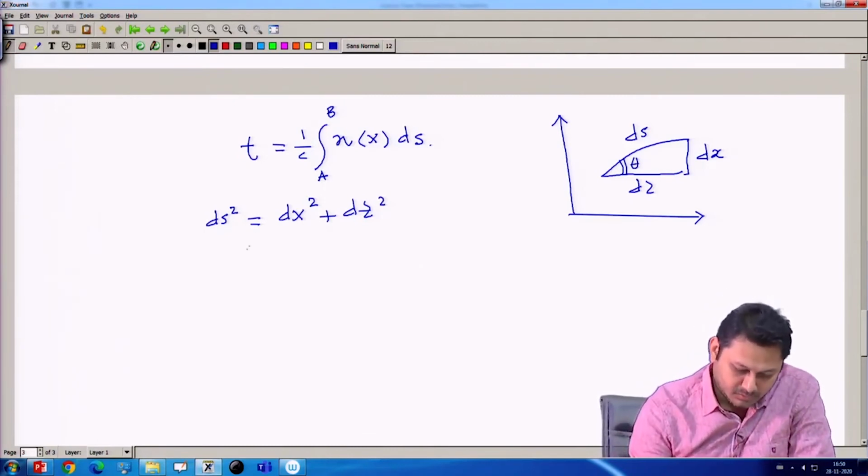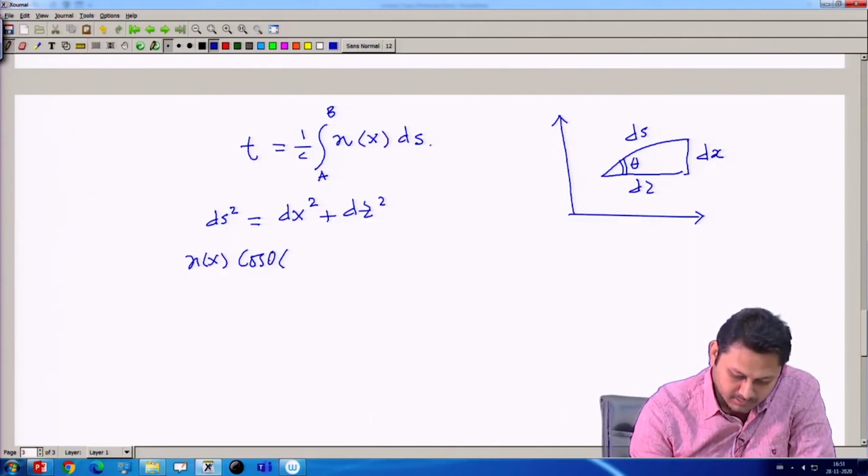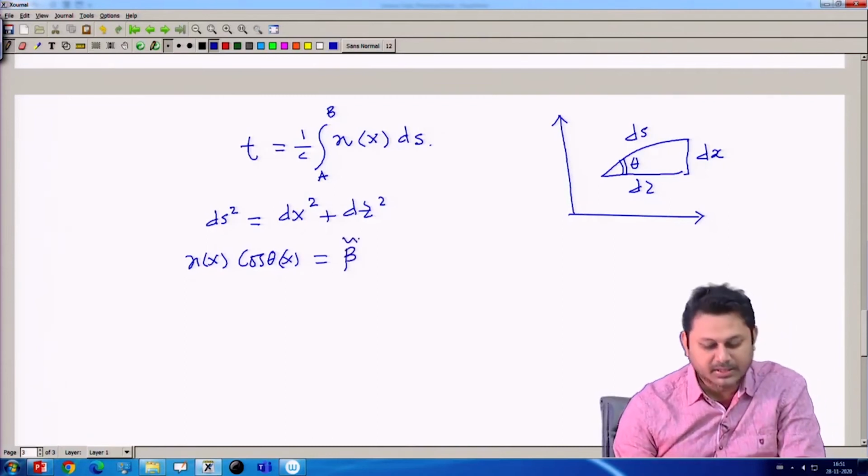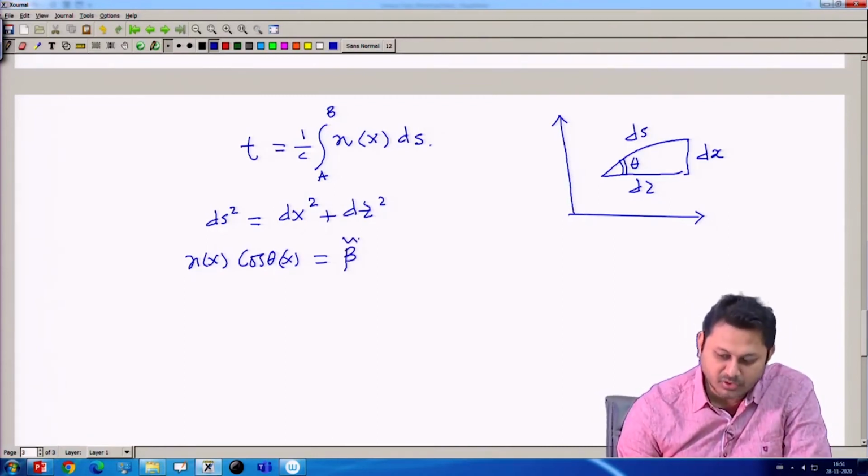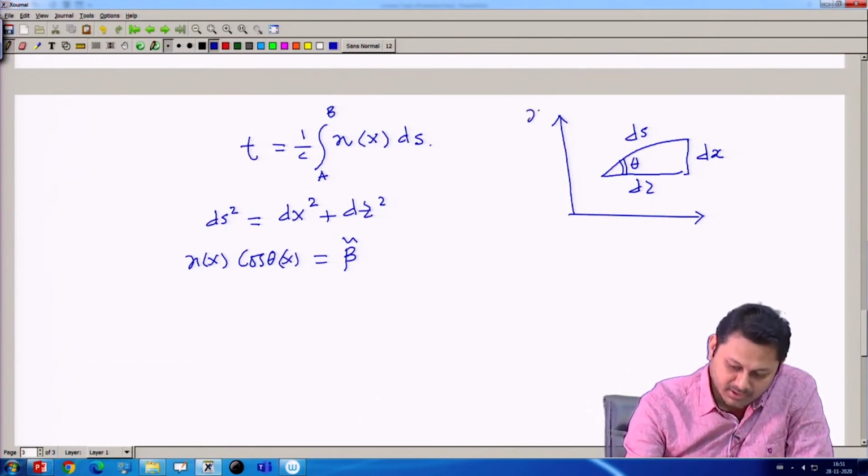So, mind it, we already have n of x cos theta of x is equal to beta tilde. That is my ray path constant that we always have. This quantity is always true.